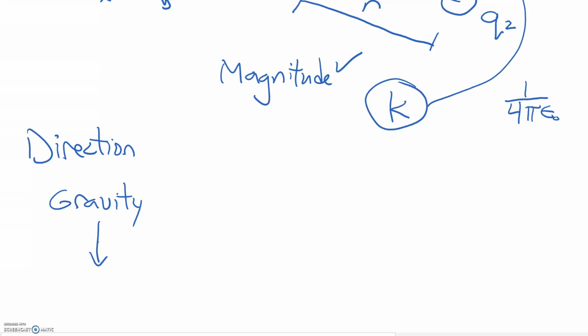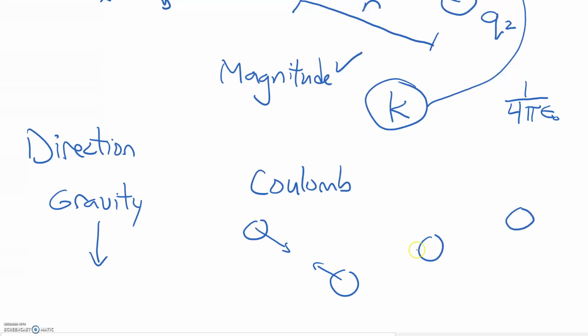It's downward all the time. The Coulomb force can have two directions. They can either be attracting each other along the line connecting their centers, or, and I'll just draw two other random charges here, they can be repelling each other.